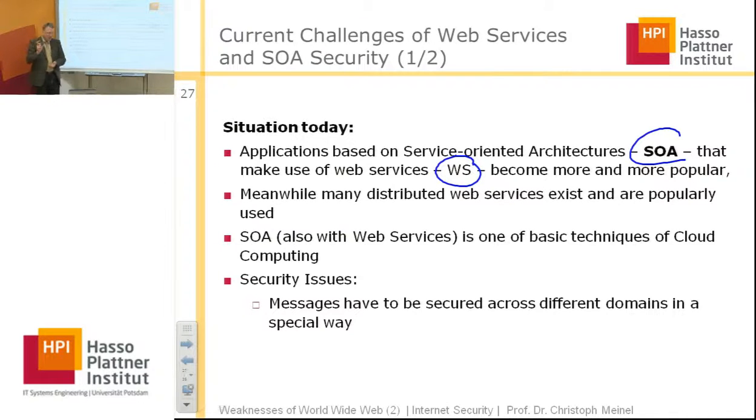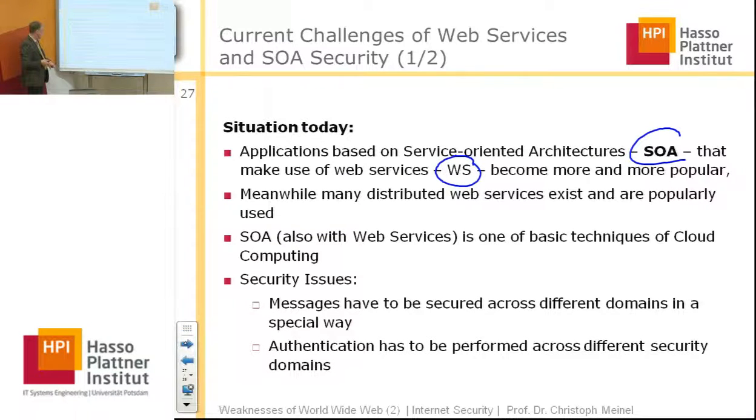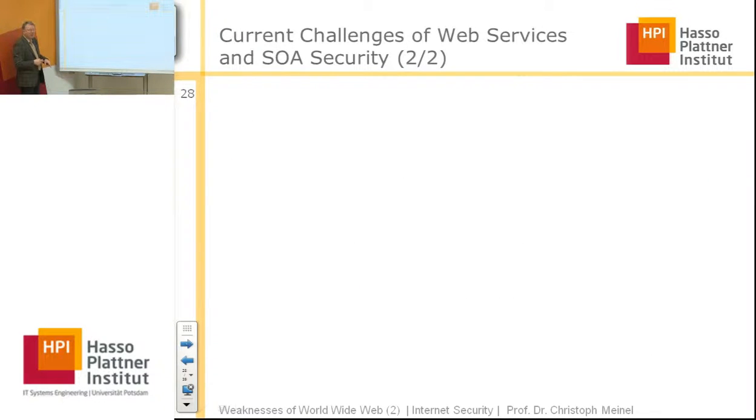And the security issue in running and designing such web-based services and service-oriented systems is that these messages have to be secured across different domains in a special way, and authentication has to be performed across different security domains, and authorization has to be performed over different security domains.